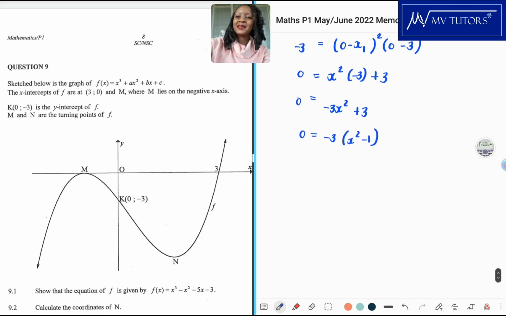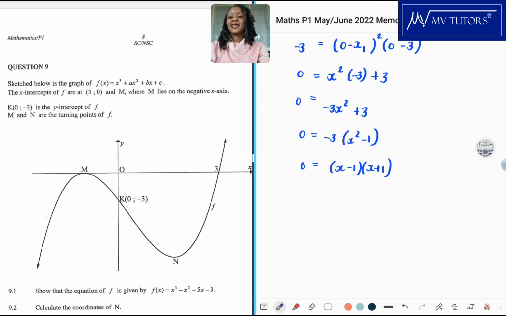Okay, so if I were to solve that, I have x squared minus 1. So that basically I can then say is x minus 1 and x plus 1.